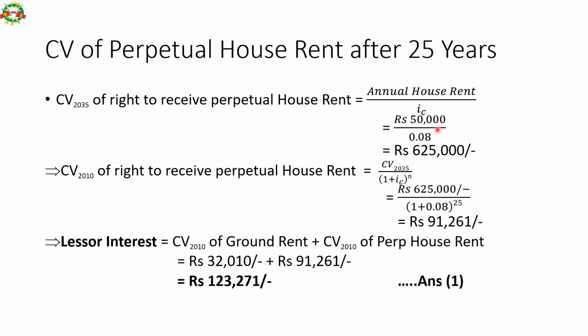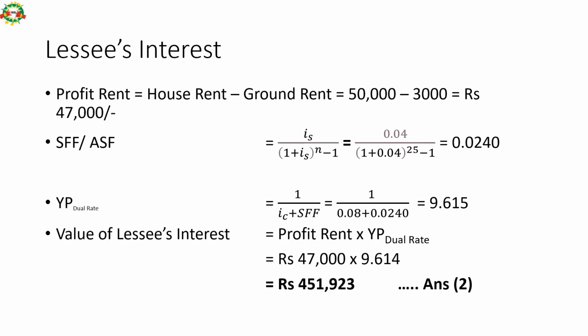So the present value of this rent is equal to 91,261. If we add the capitalized value of ground rent as of 2010 and the capitalized value of perpetual house rent as of 2010, the net total interest of the lessor in the property is 1,23,271.